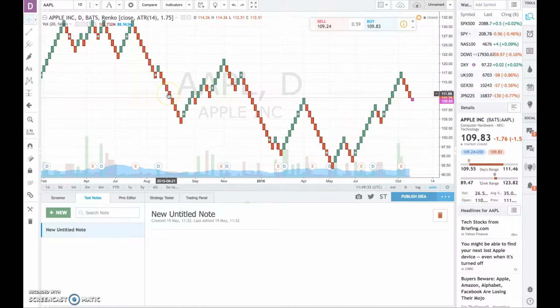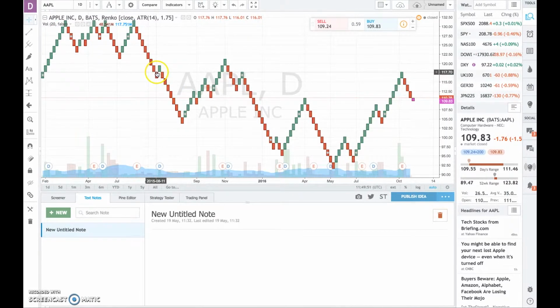It doesn't matter if one block took a week or even a month to move that much, or only a small amount of time. The timing does not matter, it's only price movement.